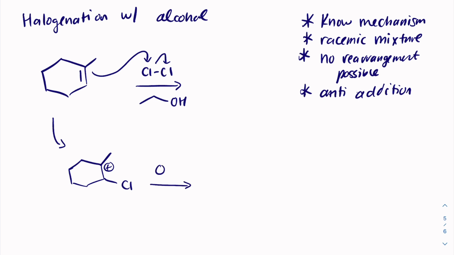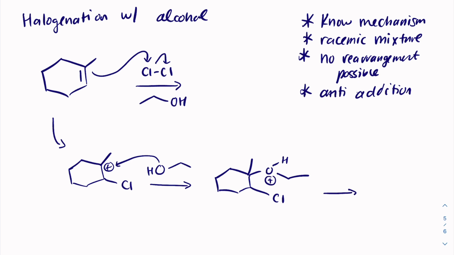And then oxygen, which is still a nucleophile, whether it's in water or in an alcohol, is going to attack and bring with it everything that it's bonded to. So that's an H and an ethyl group. Oxygen is not going to stay positively charged, so the solvent, which is ethanol here, will come back in, deprotonate.